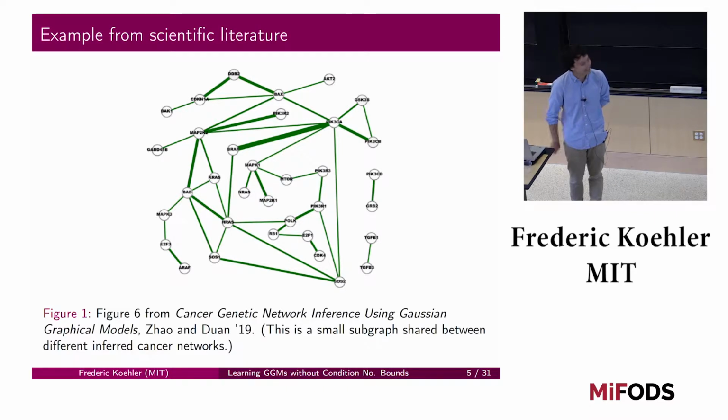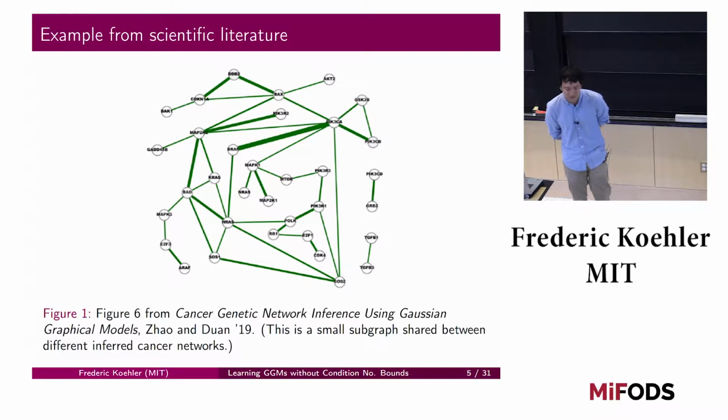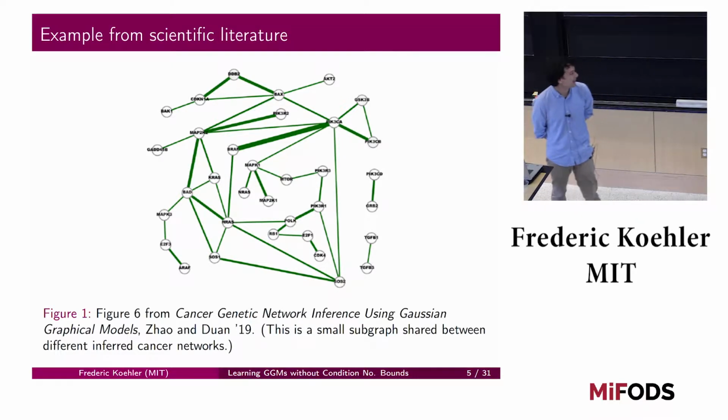I have an example from the scientific literature. This is a paper from 2019 by Zhao and Duan. It's called Cancer Genetic Network Inference Using Gaussian Graphical Models. What they did is they looked at a bunch of RNA-seq data, some of it coming from people with cancer and some from people without cancer. They built Gaussian graphical models based on the people with cancer, and they tried to find the common edges between all these people.